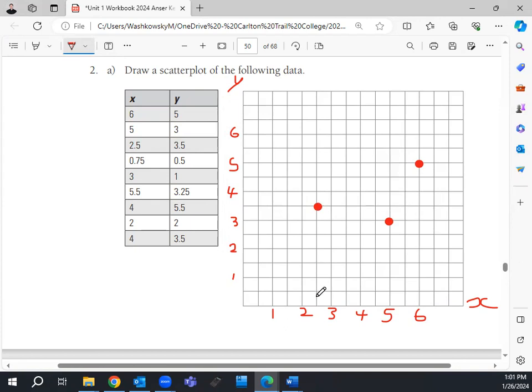It's 3.5. We got another couple seconds here.